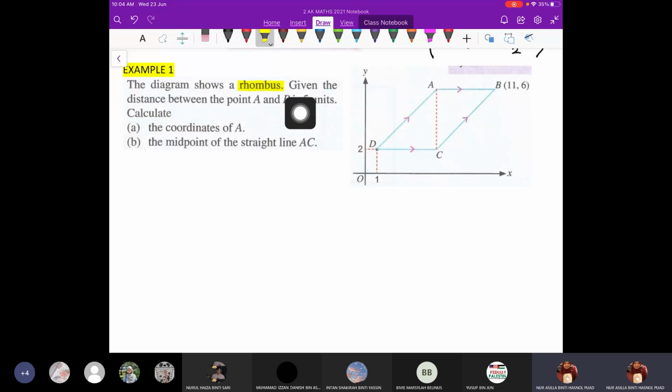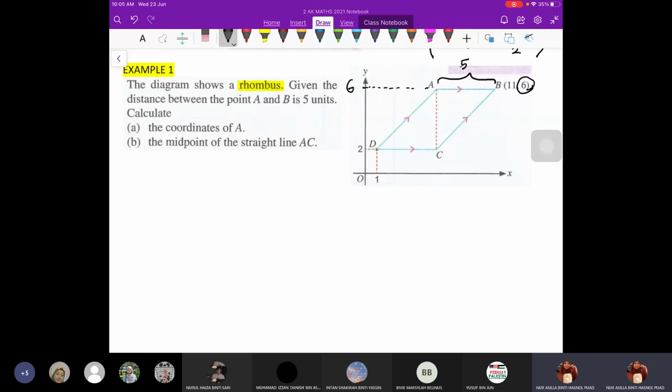Okay, so given the distance between the point A and B is 5 units. Calculate the coordinates of A. Okay, so this is fairly simple. Kita dah belajar. So this is a horizontal distance. 5 is a horizontal distance. So dia punya y coordinate for here would be 6.